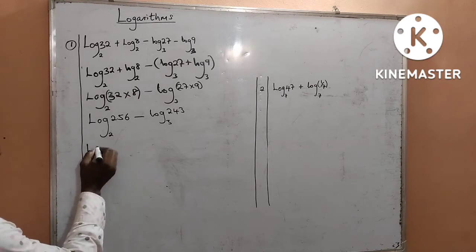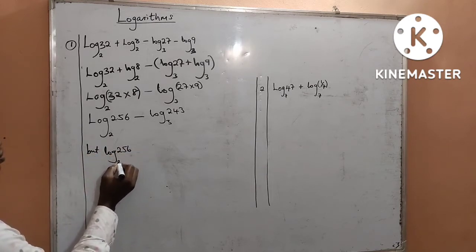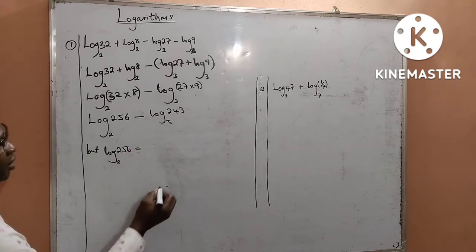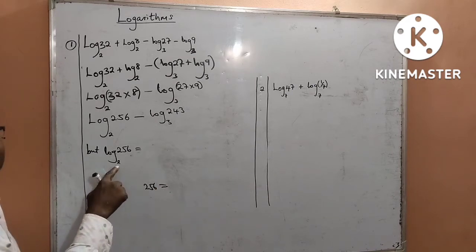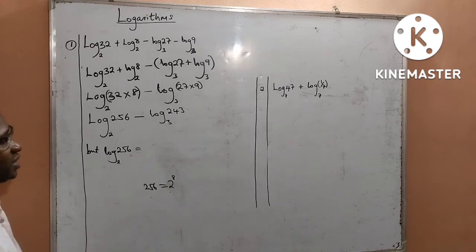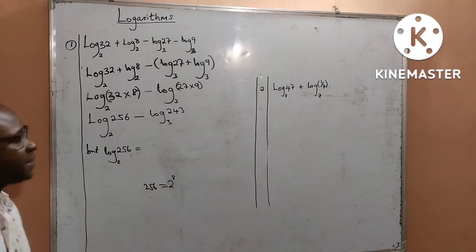The log of 256 to base 2 can be written as 2 raised to the power 8, that means 2 times 2 times 2 up to 8 times.